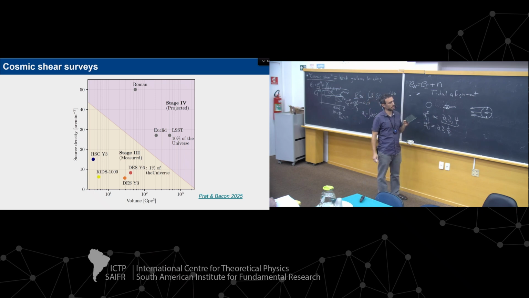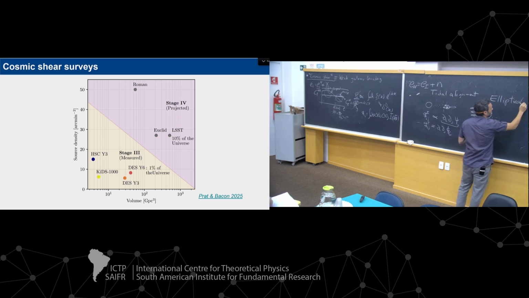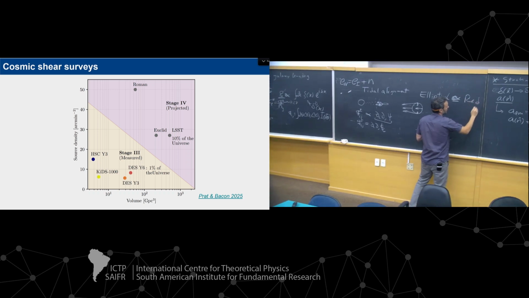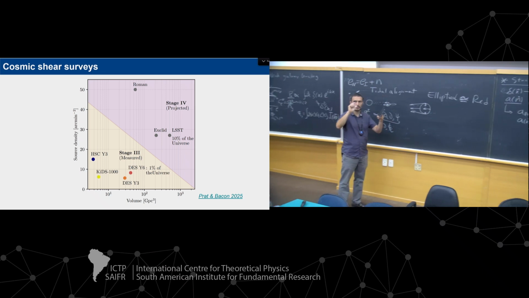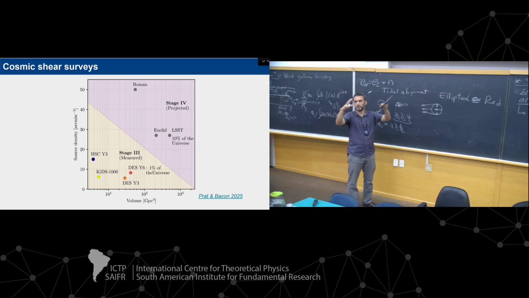What we have measured so far is that the only types of galaxies that seem to be aligned are elliptical galaxies, which mostly means red galaxies. So early type galaxies, these are galaxies that are not spiral, so they don't have a clear plane of angular momentum with coherent motions, but have just random motions in kind of a blob of stars, basically.